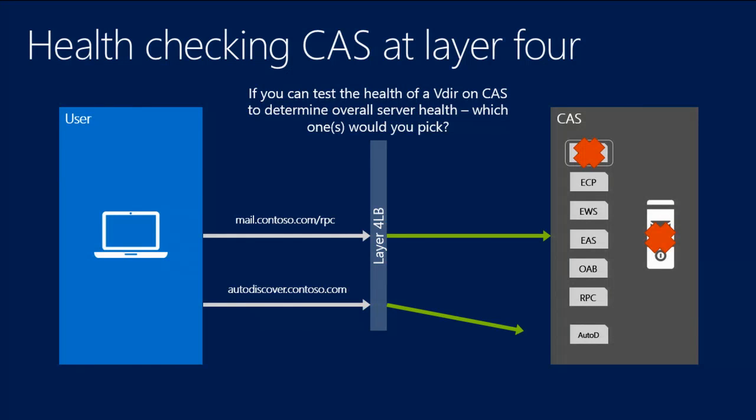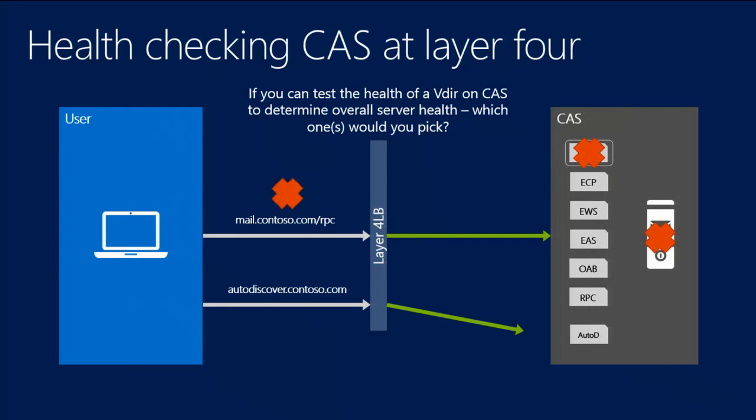It knows that, and so in the calculations and actions it decides to take, it's assuming that ECP, EWS, EAS, OAB, etc. are all taking load. Well, they're not in this case, because the load balancer decided to toss him out of the pool. And so managed availability could even make an incorrect decision based on what your load balancer has decided to do versus its view of the world. You can see how we can get a little bit disparate, okay? Two different views of the same thing.